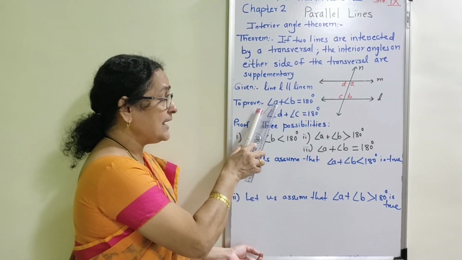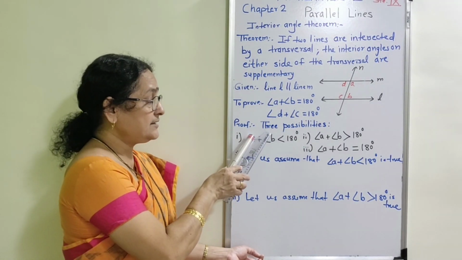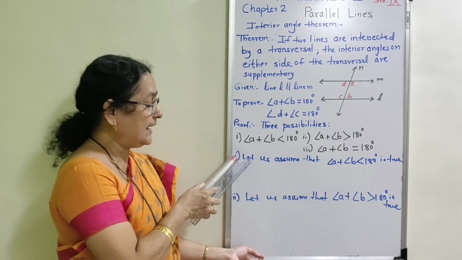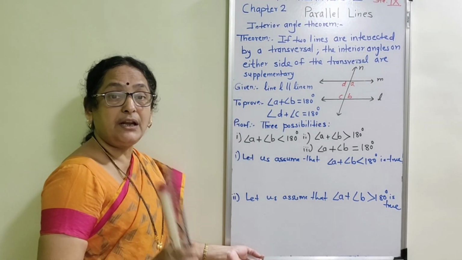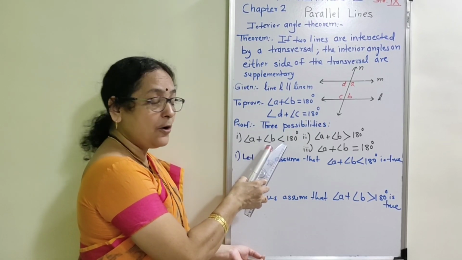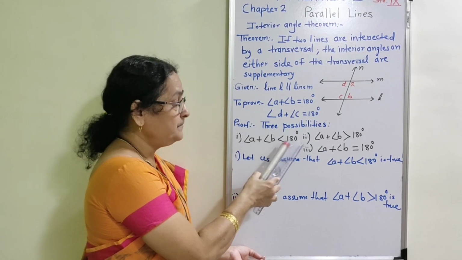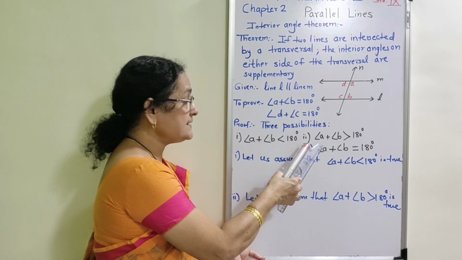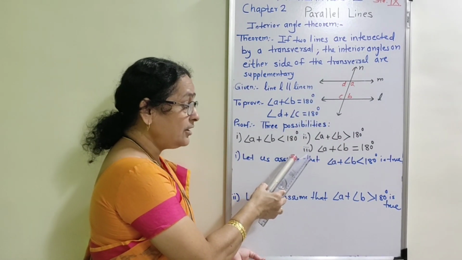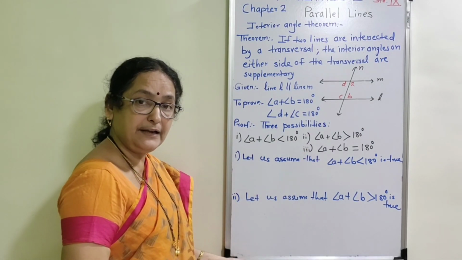We are going to prove that angle A plus B is equal to 180. But related with the sum of measures of these 2 angles, we have 3 different possibilities. The first possibility is that the sum is less than 180 degrees. The second possibility is that the sum is greater than 180 degrees. And the third possibility is that the sum is equal to 180 degrees.